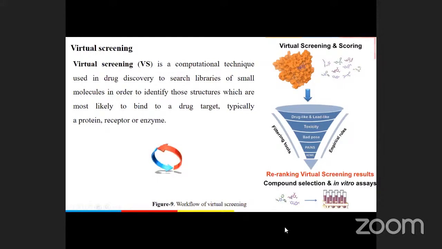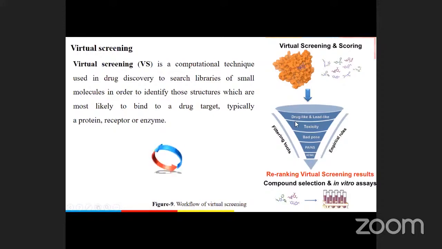This is the diagrammatic representation of virtual screening. These are the database compounds, and this is our target, which we need to define. After defining, we can incorporate some filters like drug-like or lead-like filters, as well as toxicity filters, bad apple or bad process, then PAINS, as well as ADMET filters.